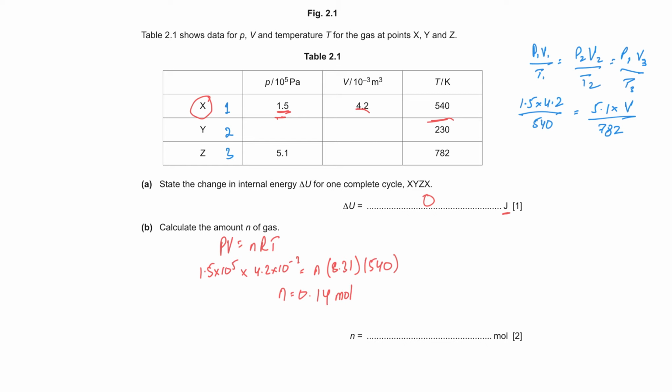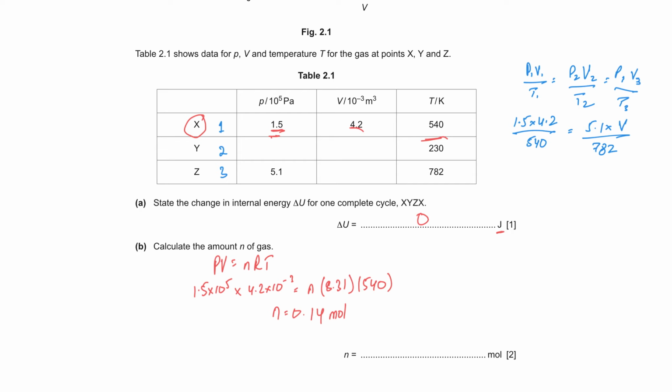So there's no point in doing it, but if you do it, that's not an issue. The answer that we get for V is 1.8, and we already know that this will be in multiples of 10^-3. So this here is 1.8 × 10^-3.